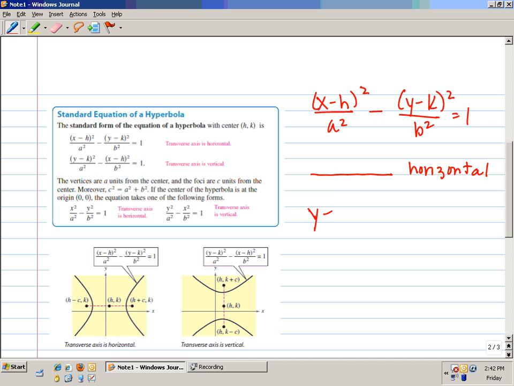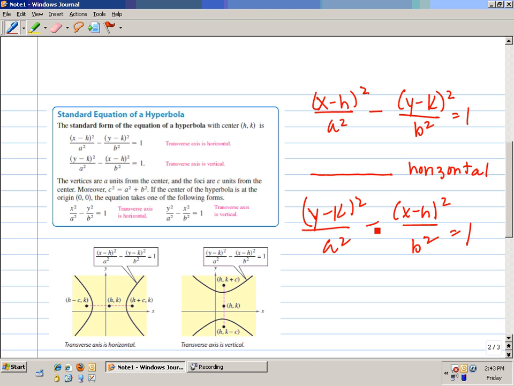So our next one, we have y minus k squared over a squared minus x minus h squared over b squared equals 1. So pay attention, the a squared and b squared, they're not moving back and forth like they did with the ellipse. They stay put. What's changing is our numerators. Those go back and forth, and that depends on our axis.